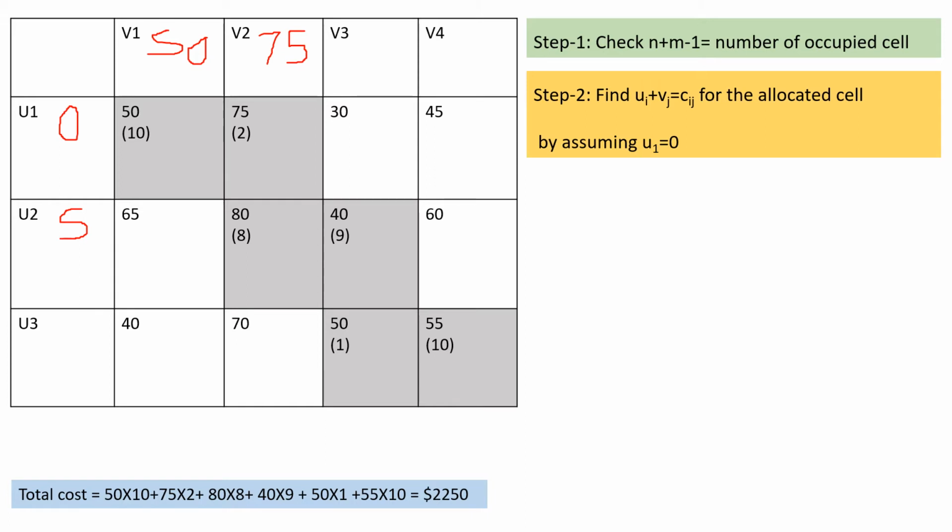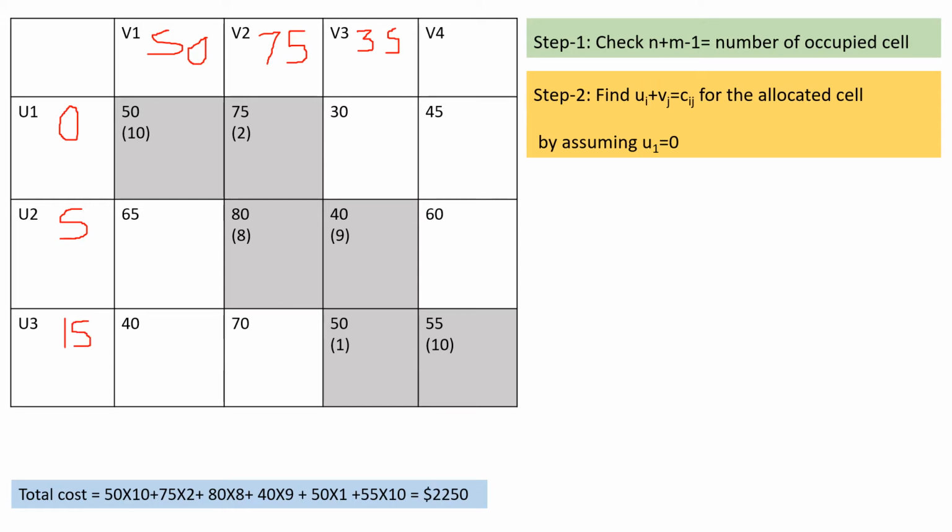And U2, that is 5, plus V3 equals 40, so V3 becomes 35. For the allocated cell in row 3, U3 plus 35 equals 50, so U3 becomes 15.